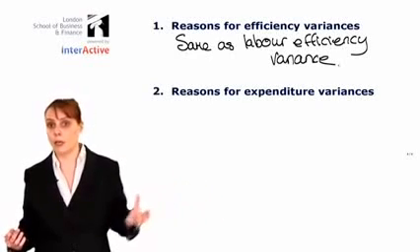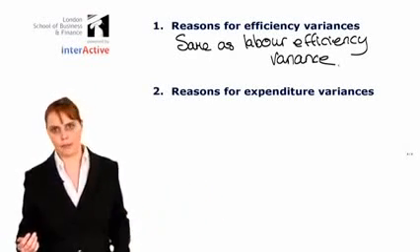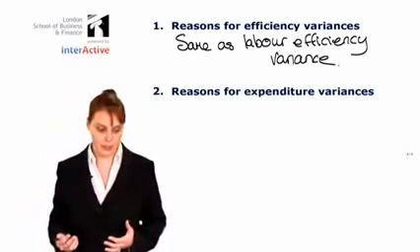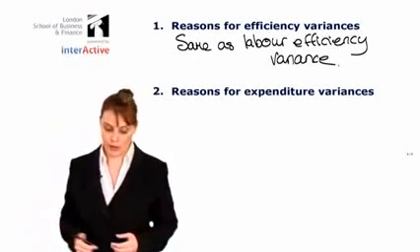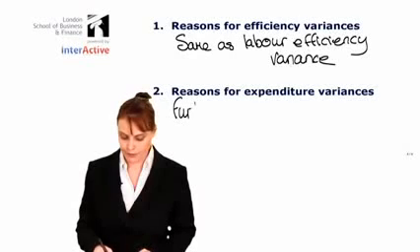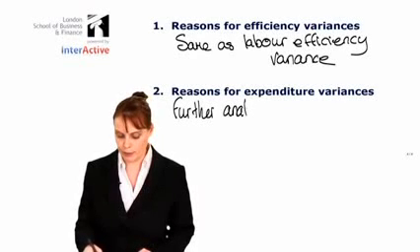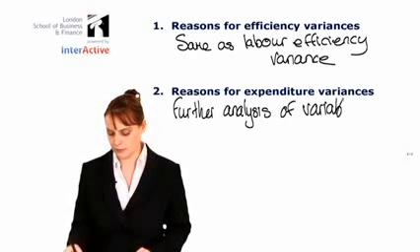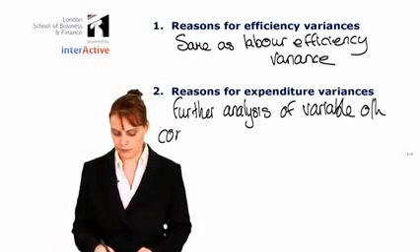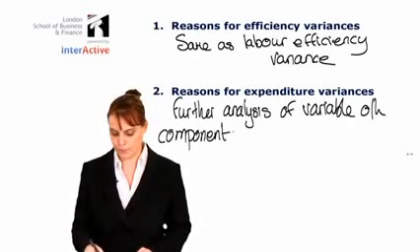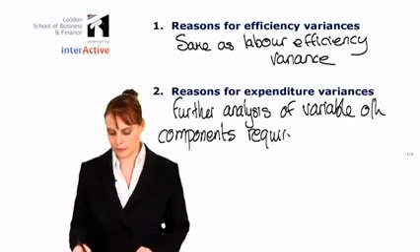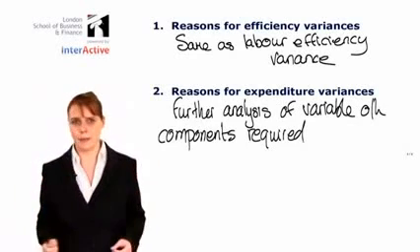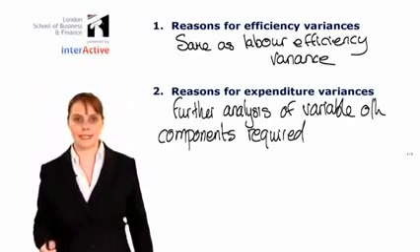So which variable overhead has been more or less than planned? We can't do that with just the information we would have in these questions. So for our expenditure variance, further analysis of the different components would be required. Without that, it's impossible for us to say why our total variable overhead expenditure was more or less than planned.